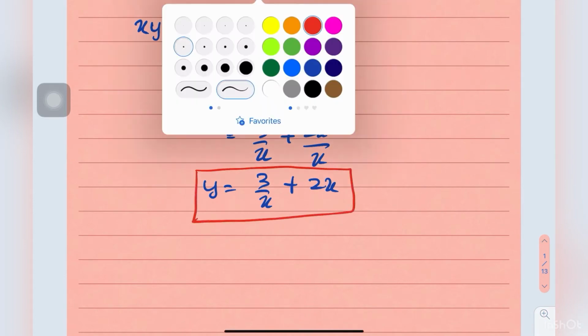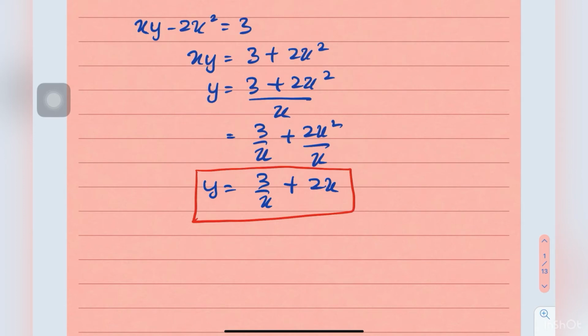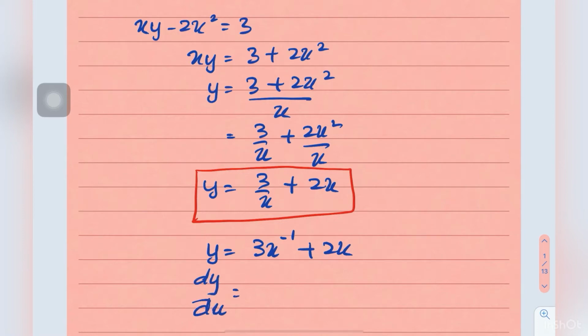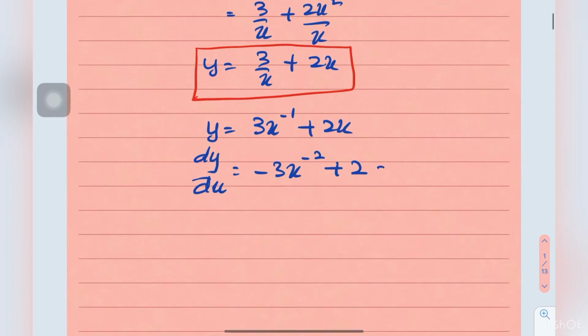To differentiate this one, you have to move x up, so y equals 3x power of negative 1 plus 2x. Differentiating with respect to x, we get negative 3x power of negative 2 plus 2, or more properly, negative 3 over x squared plus 2.